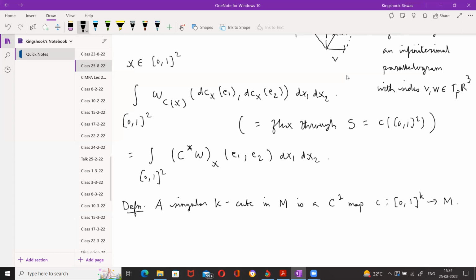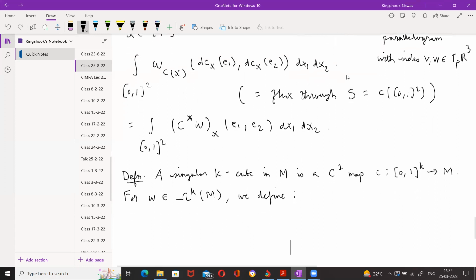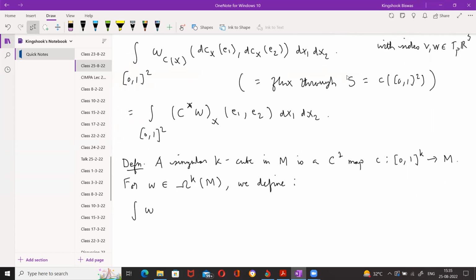Okay. All right. And for omega a k-form on M, we define the integral of omega over this singular k-cube to be just the same integral that we have above.